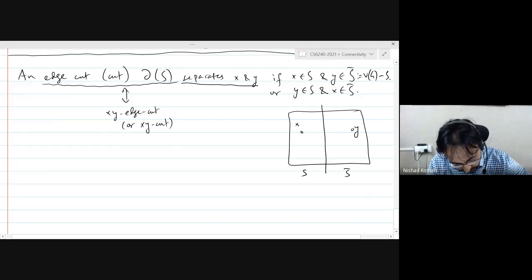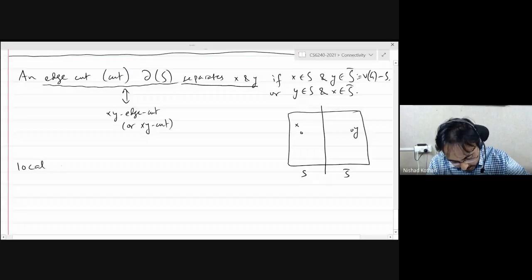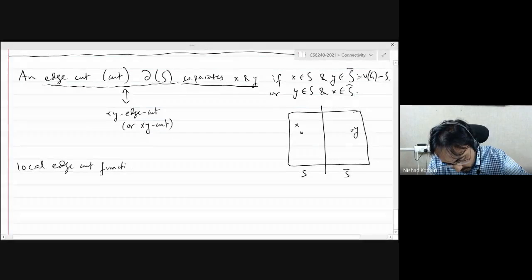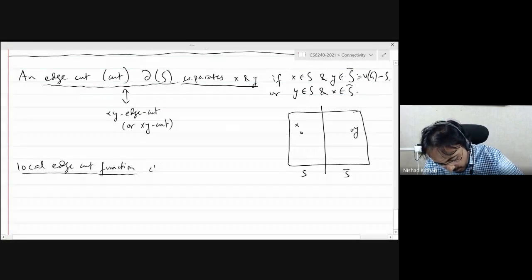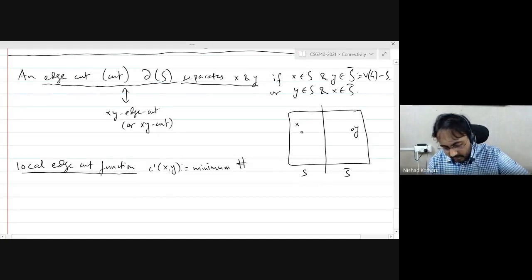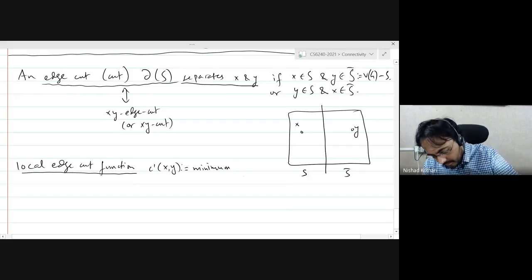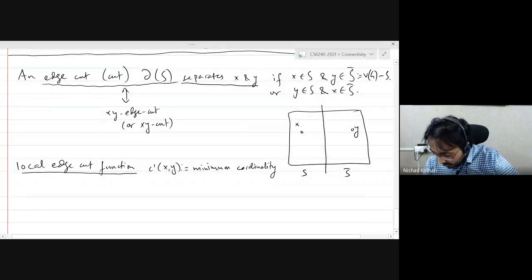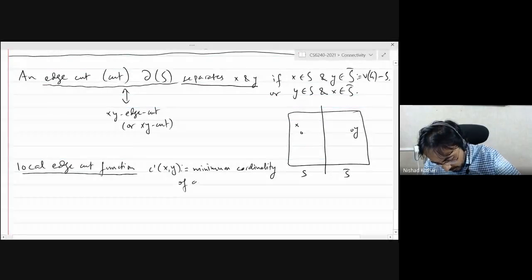And that brings us to the local edge cut function of a graph. C prime of X and Y is the minimum number, so the minimum cardinality of an XY edge cut.